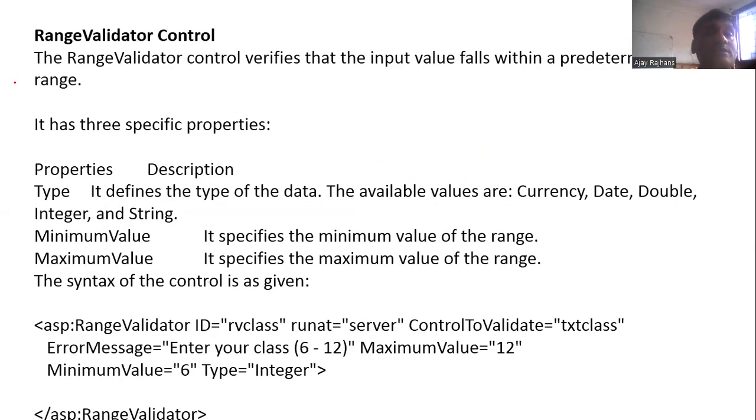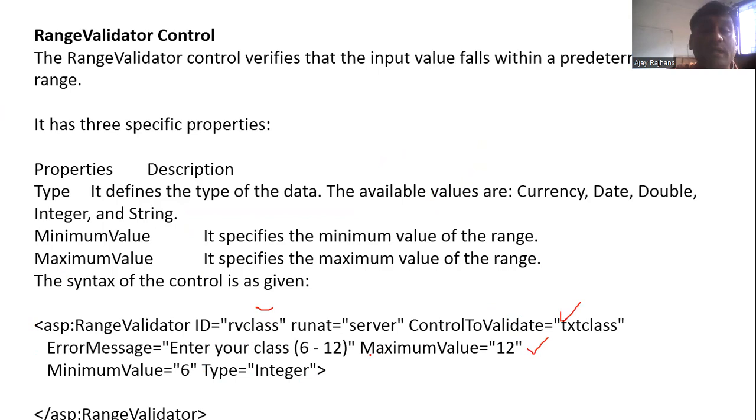What about the range validator? Now, if you see in that code, the range validator has its ID, runs at server level, and the control to validate property says which text box you want to check for a range. Error message is the message you want to display.